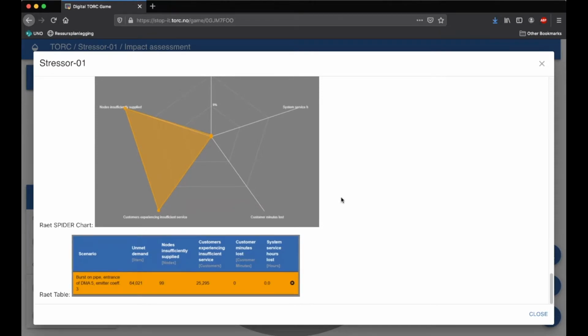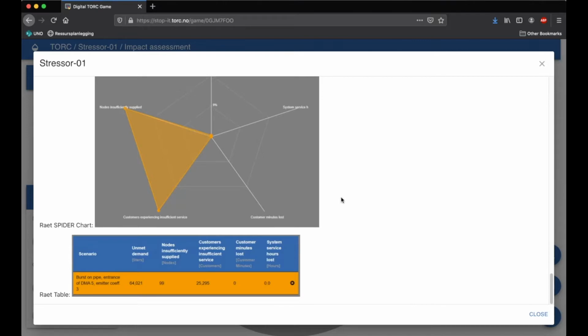So basically I put just outside the pumping station at the entrance of the MA5 a certain emitter coefficient that can give me the flow that we saw in the data before, that we checked with the engineer of the control room, and at the same time the pressure that we had observed.